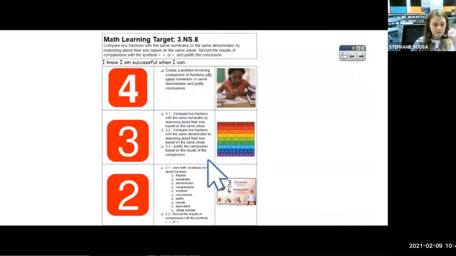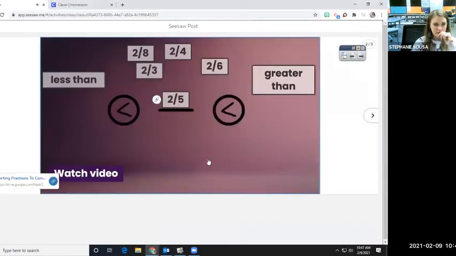We will be using our conclusions with our models using words such as numerator, conclusion, results, whole number, greater than, less than, unit fraction. All right, there's our vocabulary.